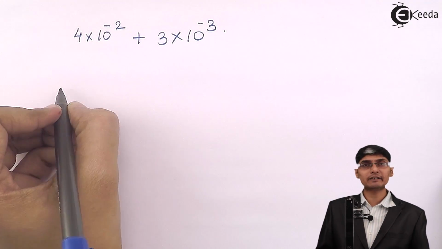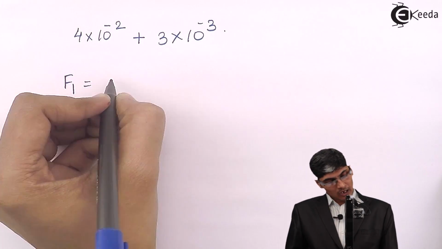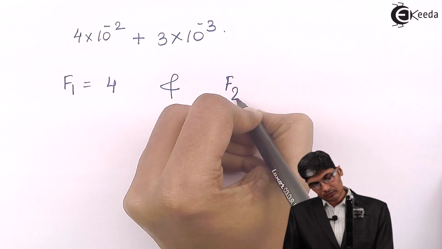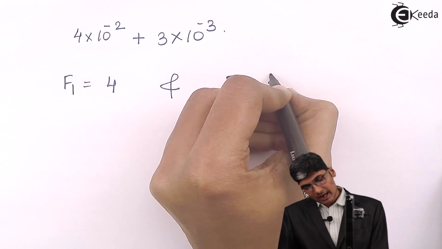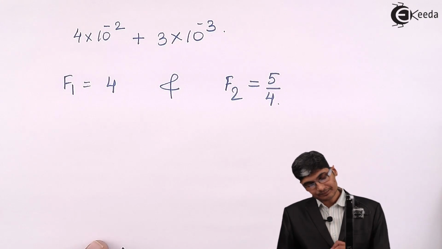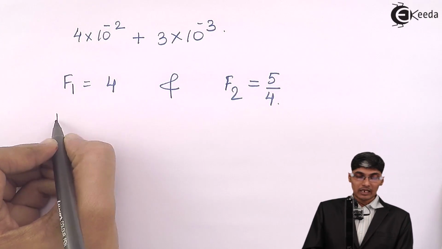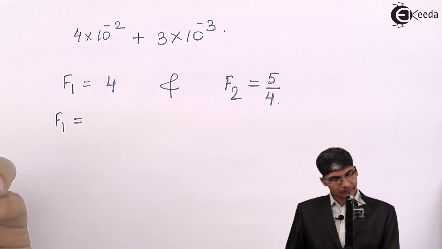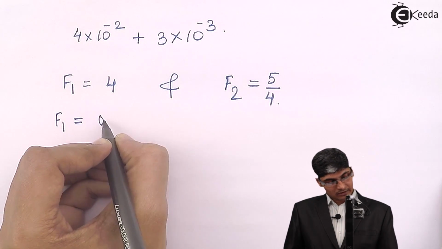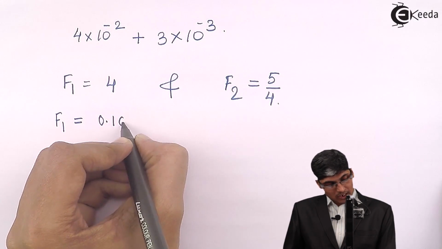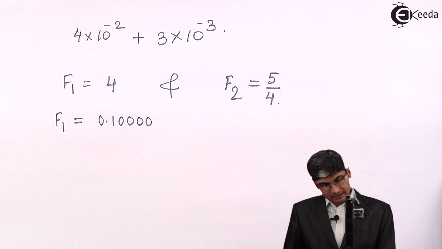Let us take a problem. I have a number f1, which is 4, as we have seen in the previous case, and another number f2, which is 5 by 4. Let us first denote f1 in terms of mantissa and characteristic. We can represent it as 0.1000, a 5-digit representation.